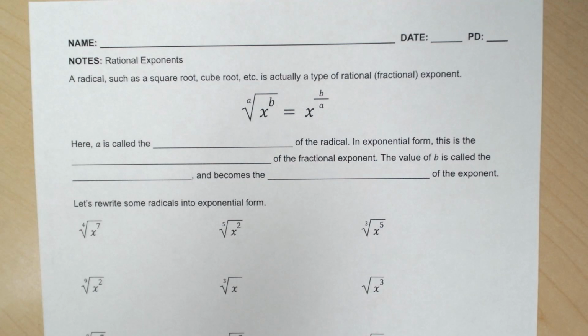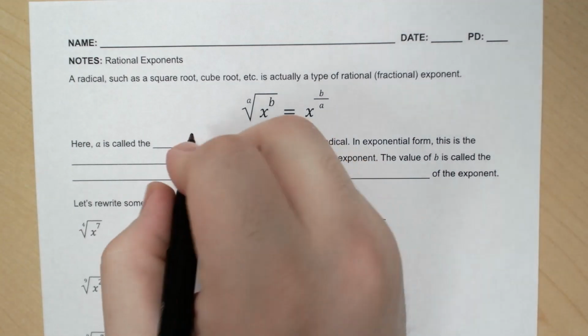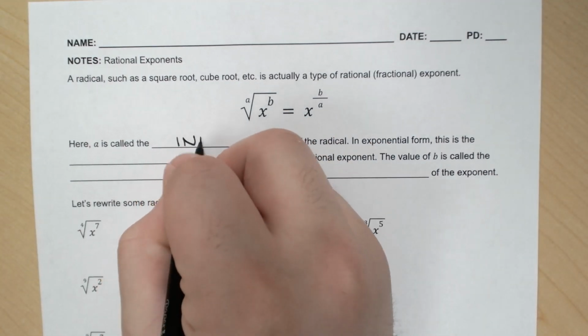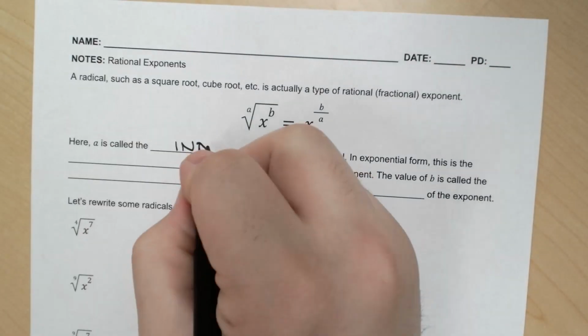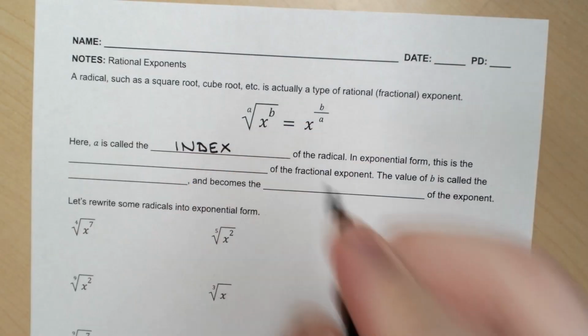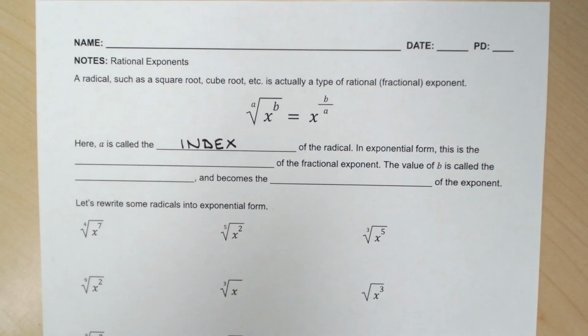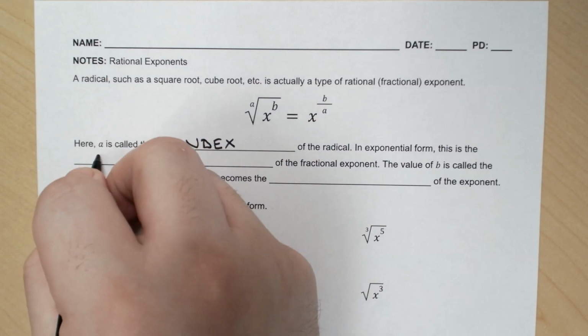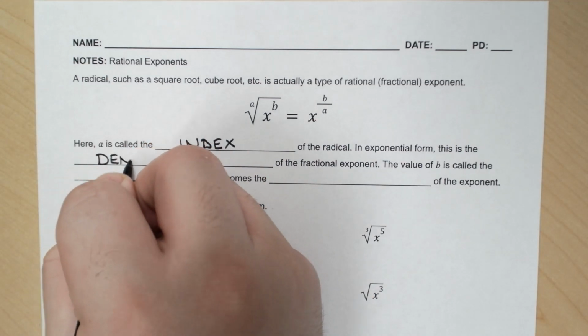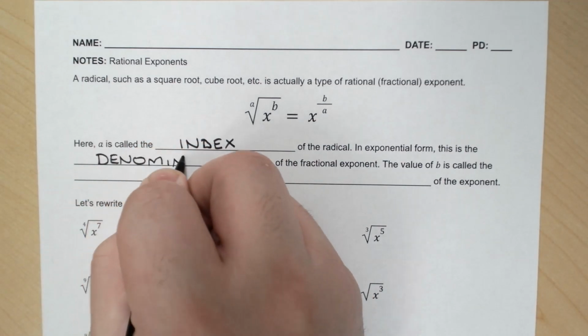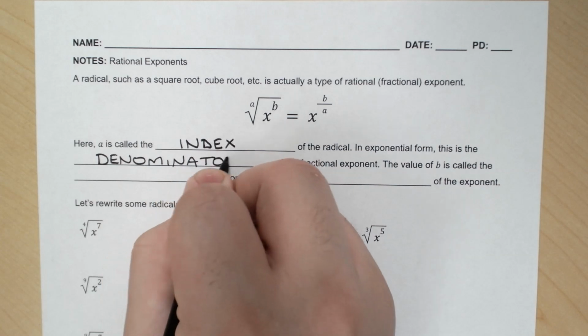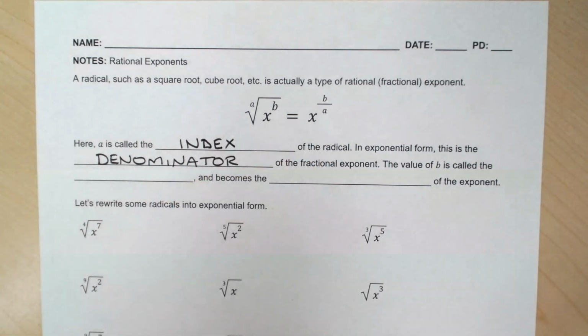So here, just like normal, a is called the index. The index of the radical. And in exponential form, the index is going to be the denominator of that fraction exponent.